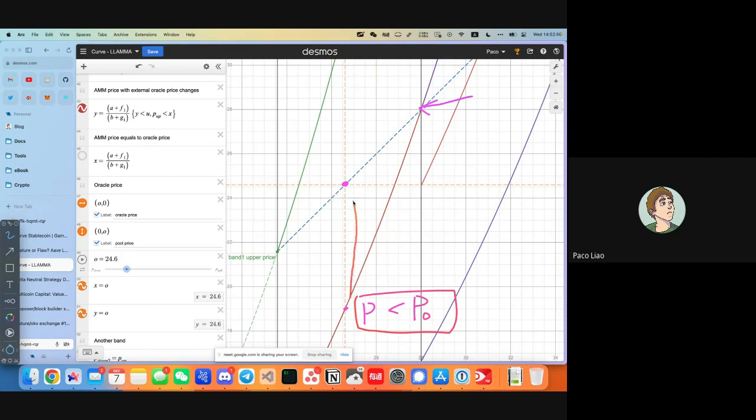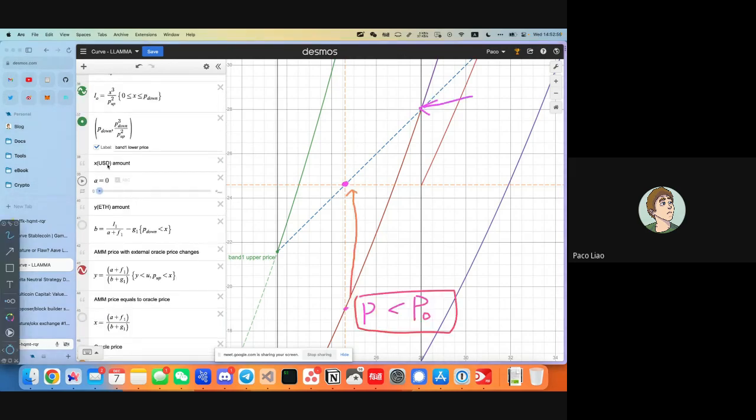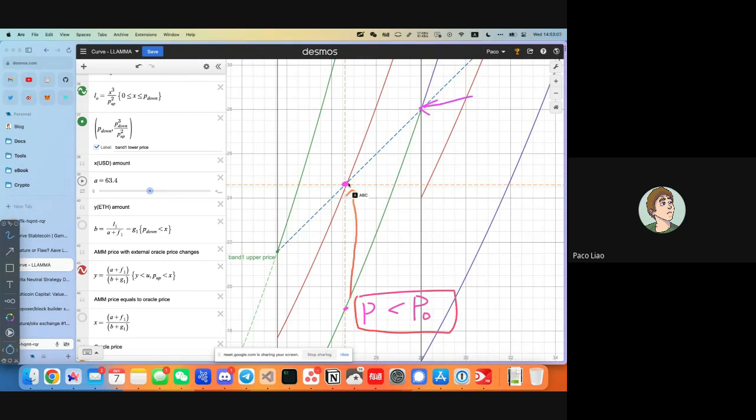Arbitrageurs will push the market price back to the same level as external price. They buy ETH, so they send their USD to the pool. So the USD amount in the pool will increase at this point. So market price will be equal to external price again. The USD amount in the pool increased, but the ETH amount in the pool decreased.